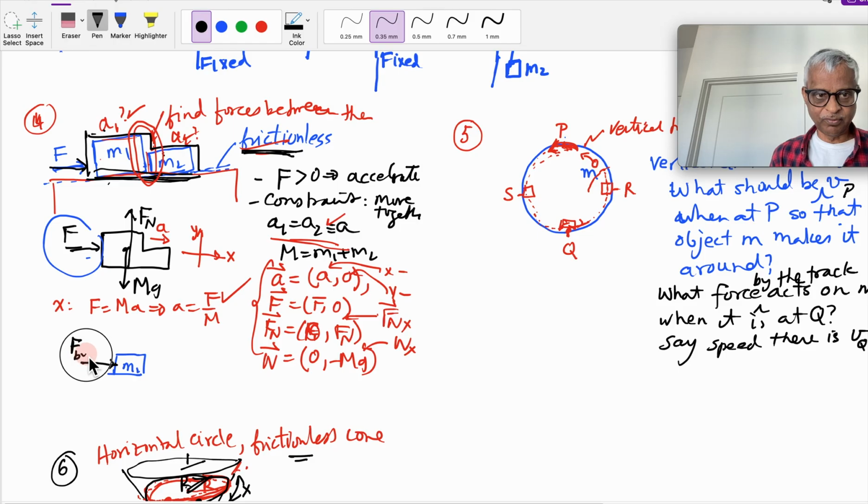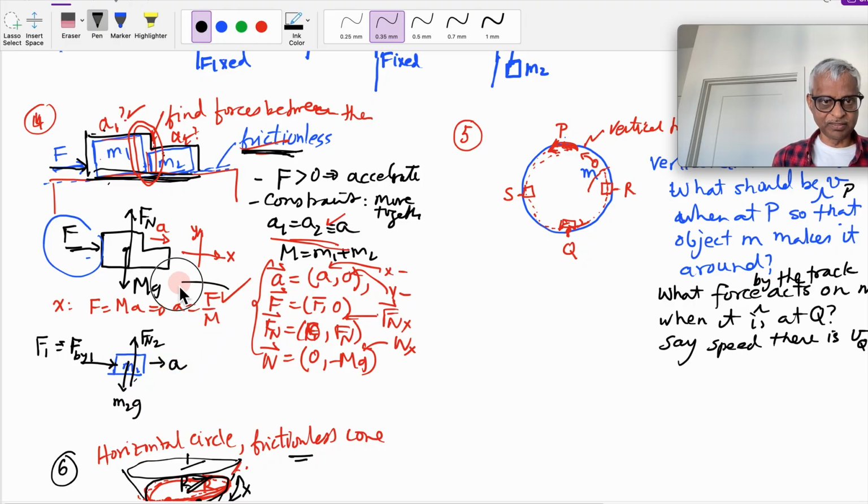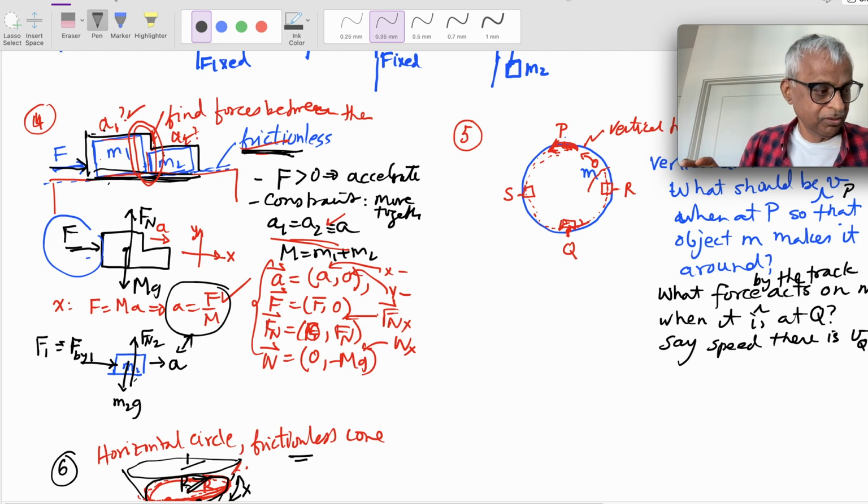Let's denote this F1, the force by 1 on 2. And then you have M2 g, and then Fn2, the normal on this guy. As a result, it is going to accelerate, and it's the same acceleration. All right, let's carry on.